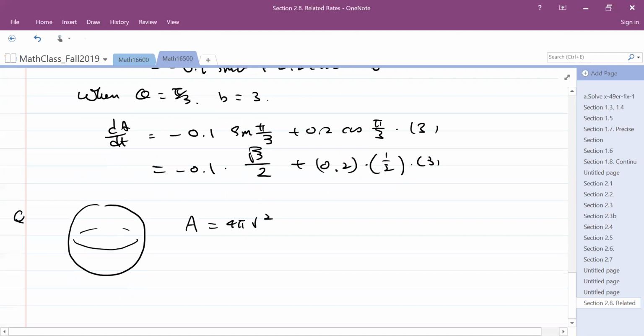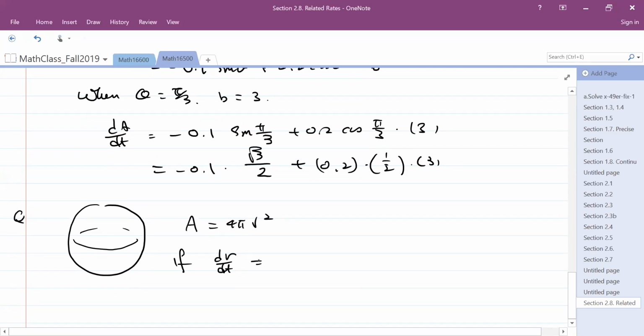A is the surface area, r is the radius. So if we are given the information that the Earth is expanding at a constant rate, for example, every 1 million years the radius increases by 1 centimeter.